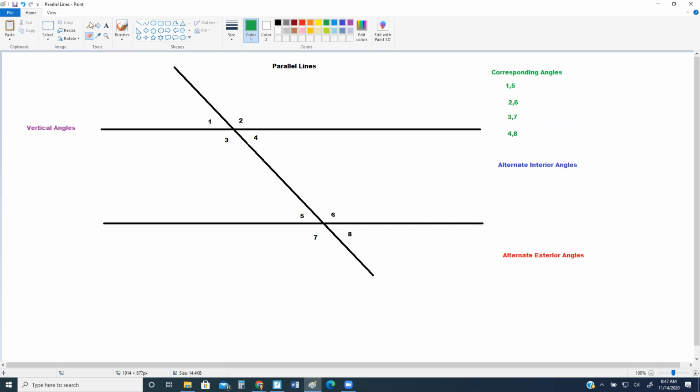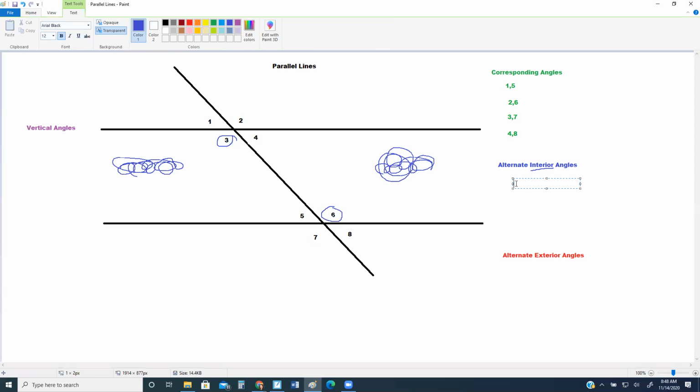Interior means that they are on the inside here. This is the interior, like the interior of my Oreo, the interior of my house. So there are only 2 sets of alternate interior angles. We have 3, and then on the opposite side of the transversal, still on the inside, is 6. So 3 and 6 are alternate interior angles.